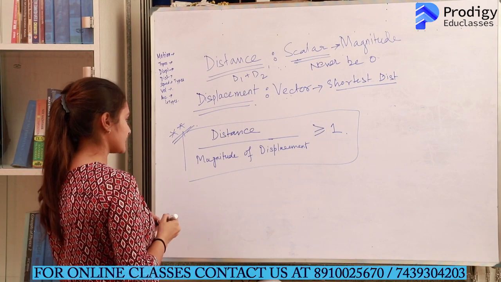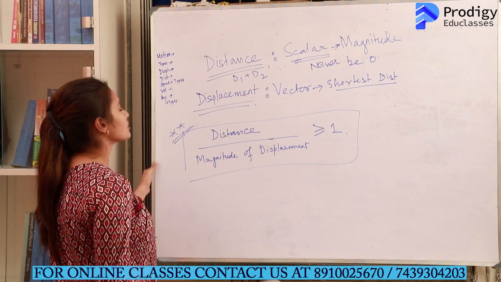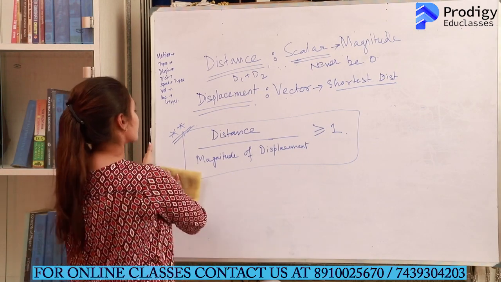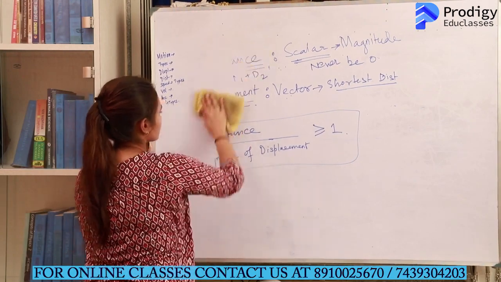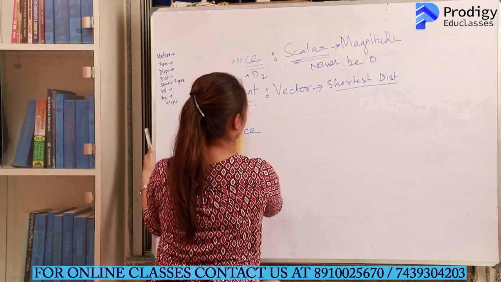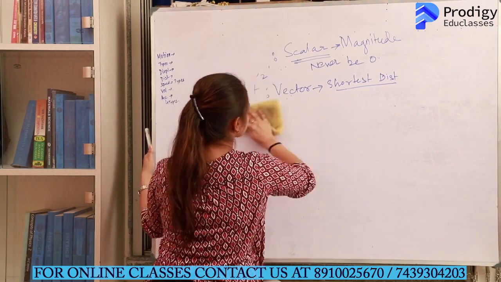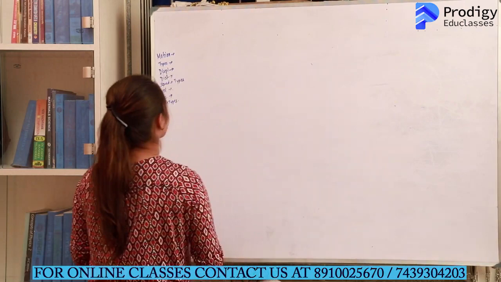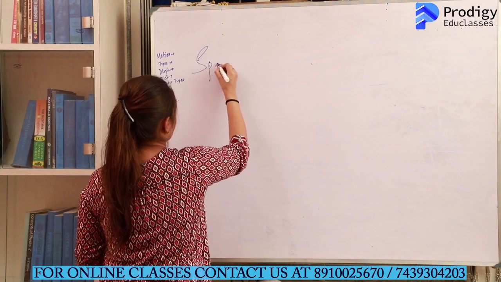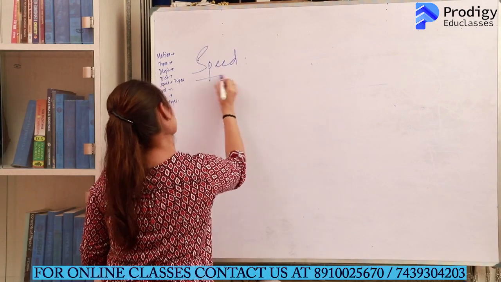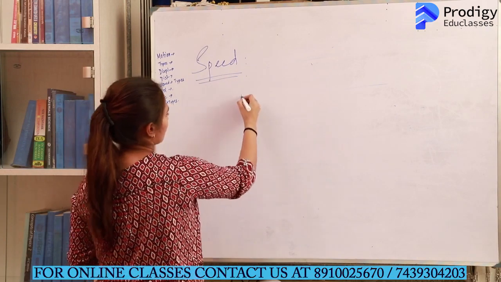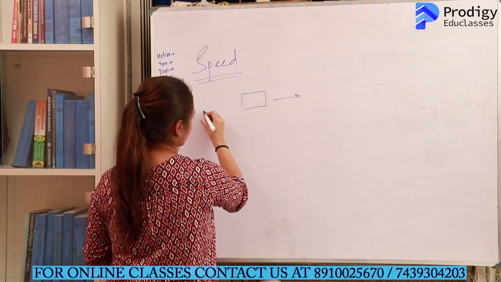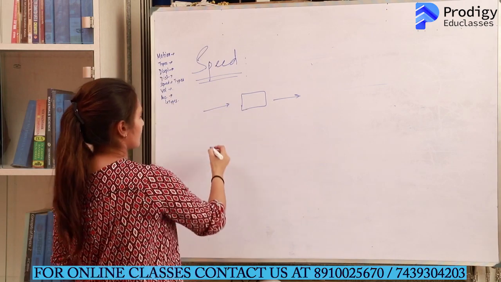So the second term that we will come across in this motion chapter is speed. So what is speed? To explain, I would again like to take the example of a car.